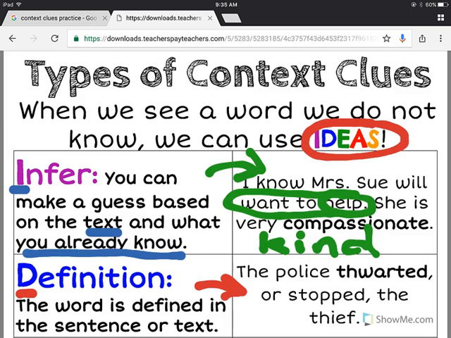We have the police thwarted, or stopped, the thief. Here's a comma, "or." If it pauses after a word and says "or" this, what that's basically saying is, hey, I'm about to tell you exactly what the word means. So stopped would be the meaning of thwarted.